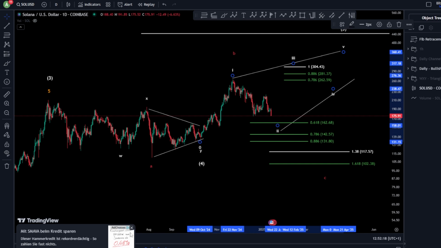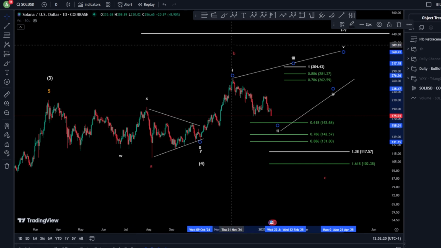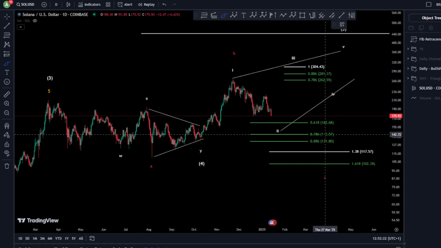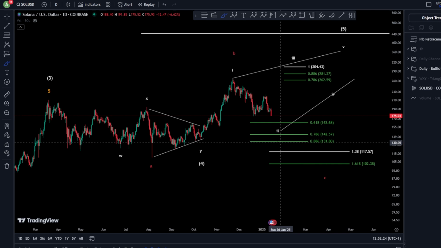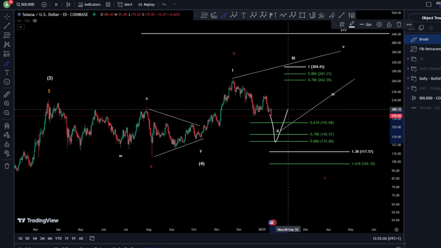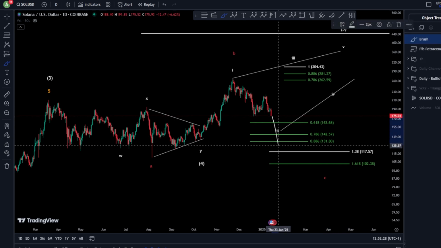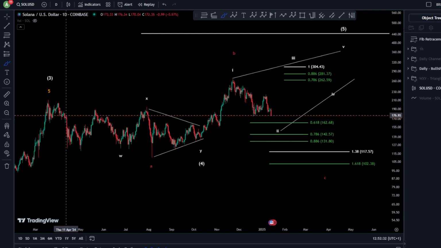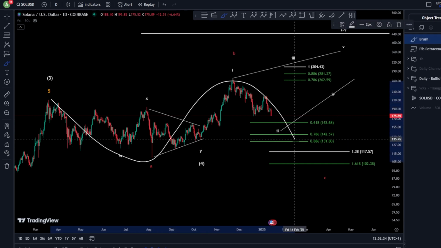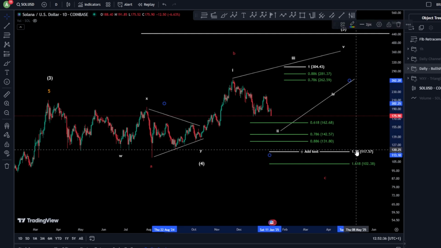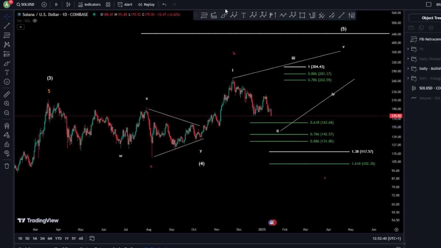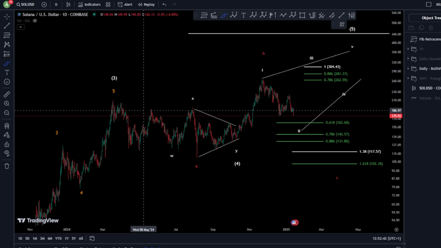In case that we dive deeper than this and we touch the 0.886, or well, it's possible to get the 0.886 anyway for wave 2 in a diagonal, if we break it down, that means we are still in a bigger correction toward the downside, and probably we are looking here for a very big expanding flat.